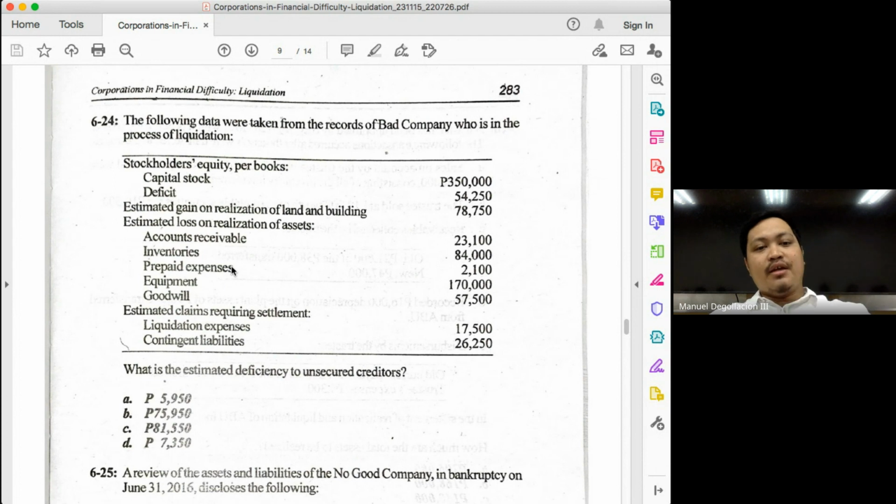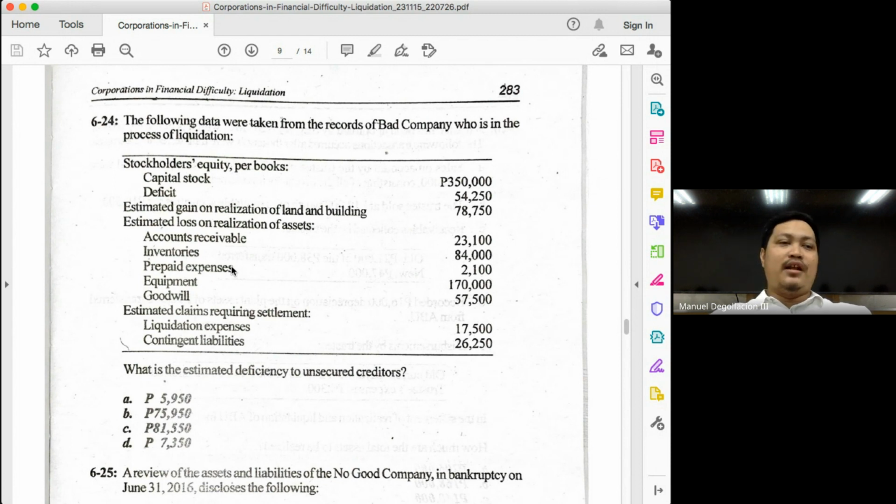First item here is your estimated gain on realization from the land and the building. And what does gain do to your equity or your retained earnings? Does it increase or decrease? Increase. So you will have to add that 78,750. But be careful, do not just add that to 54,250, because supposedly your 54,250 is a negative amount.